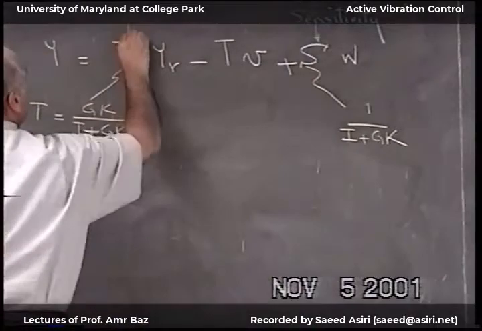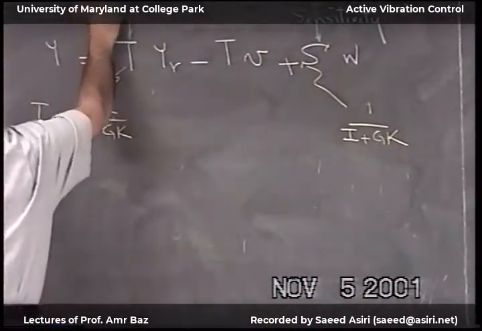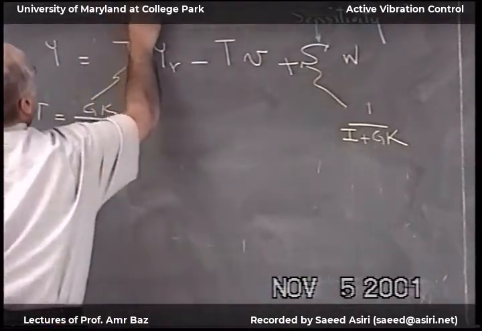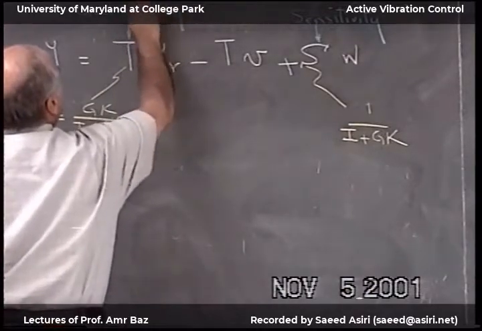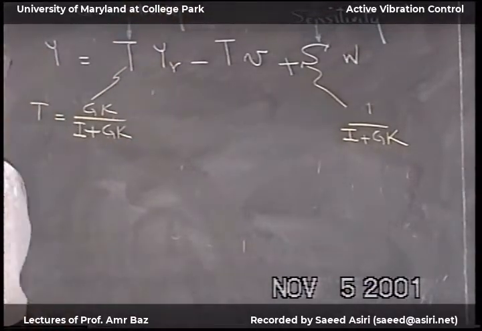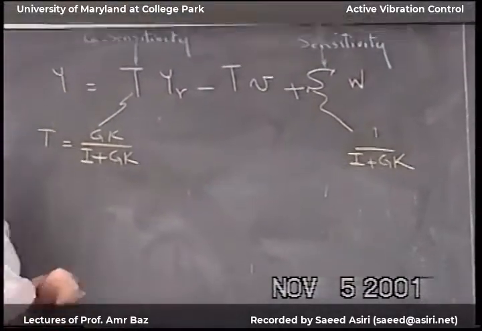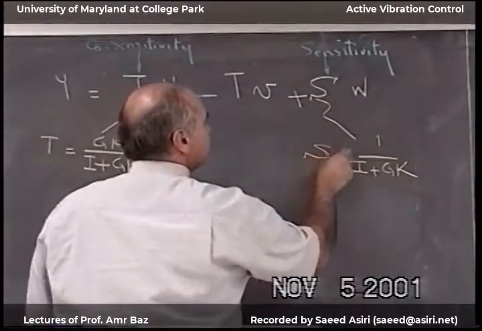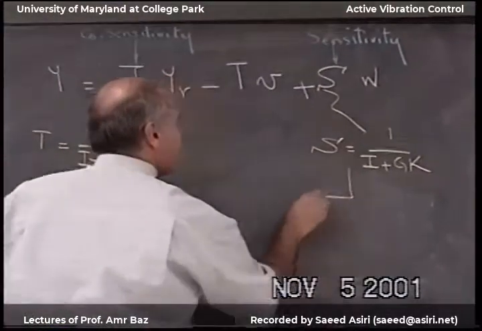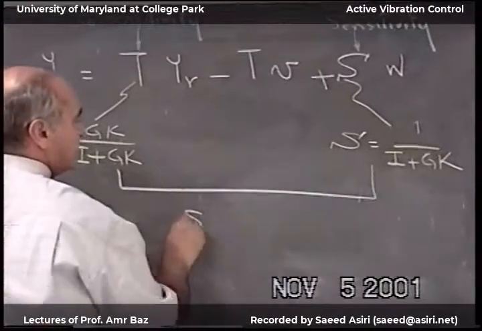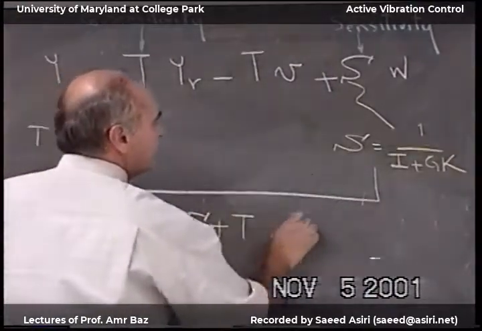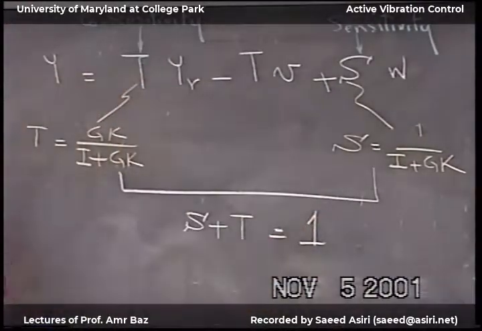And the T is the co-sensitivity. And then from these two equations, it says that S plus T is equal to unity.